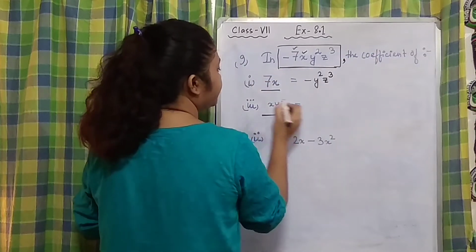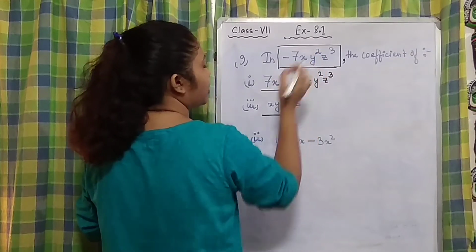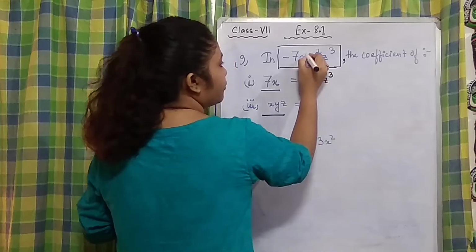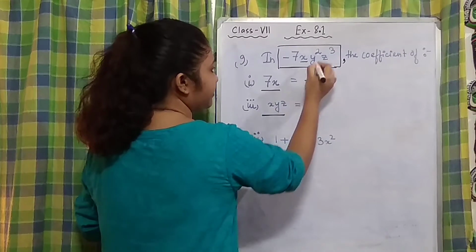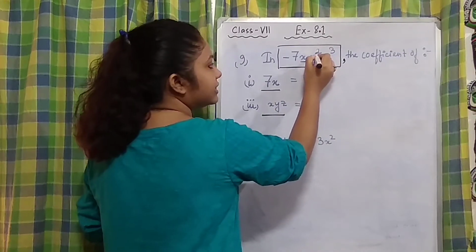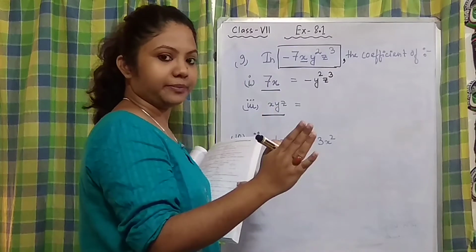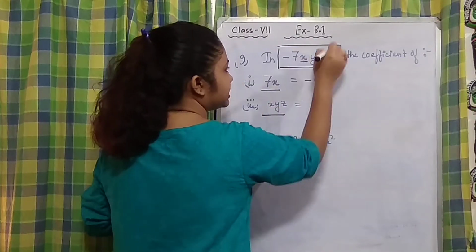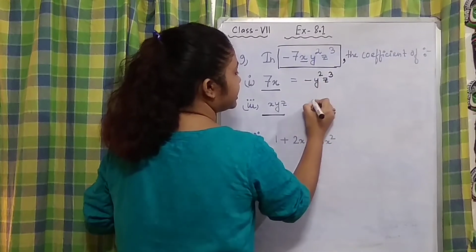Number 3, xyz. Now this is very interesting. Look at this very carefully. First z is taken, x is taken. Now how many y's are there? 2 y's are there, because y square means y into y. So y is taken. First let's break this term.